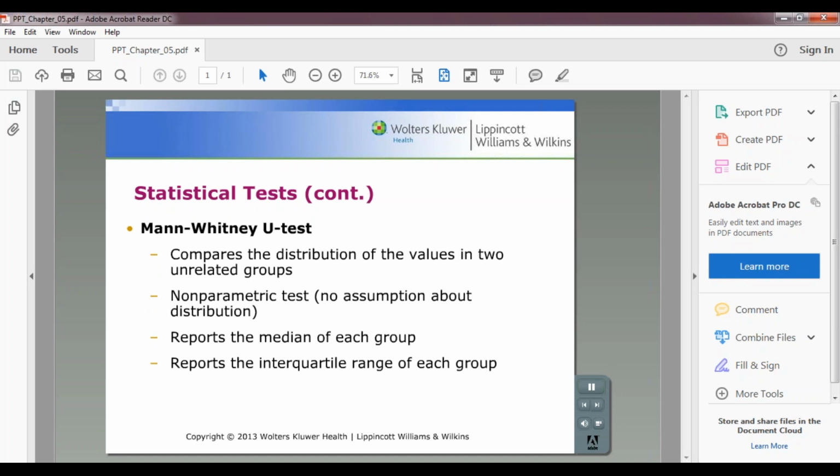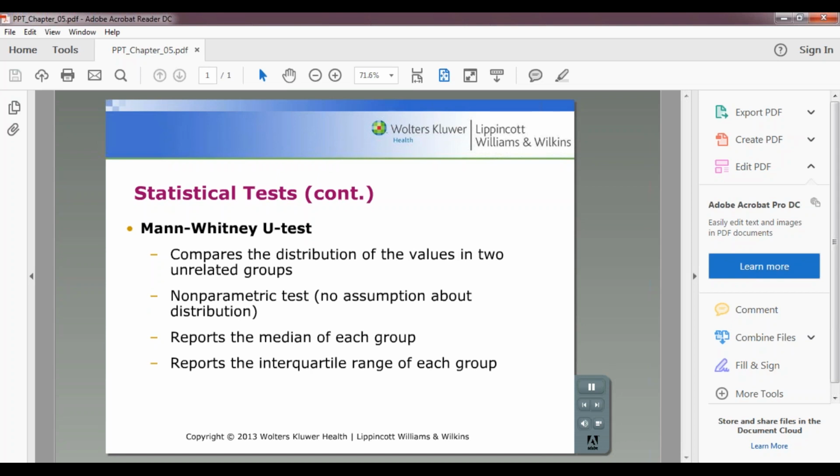Whereas a Mann-Whitney U, we also look at the distribution of values between two groups. No assumption about distribution, so it doesn't have to be normally distributed. And we're looking more at the median, okay, as opposed to the mean.